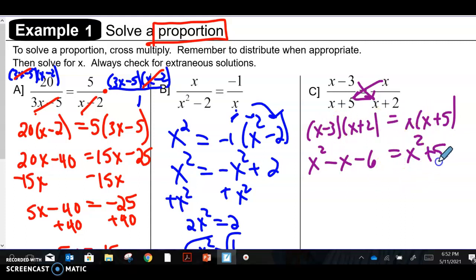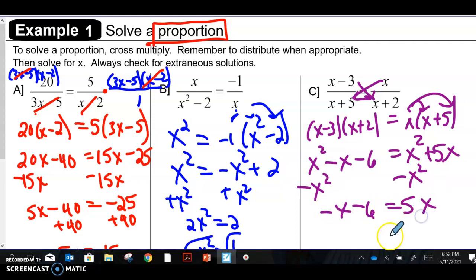Taking x through here, we have x times x is x squared. x times 5 is 5x. I'm going to subtract x squared from each side. I'm going to add x. I get negative 6 equals 6x. Dividing by 6 gives me that x equals negative 1.